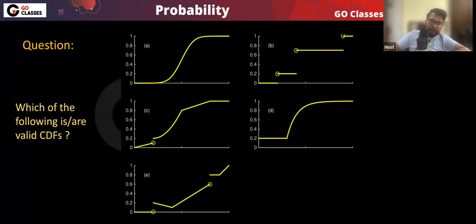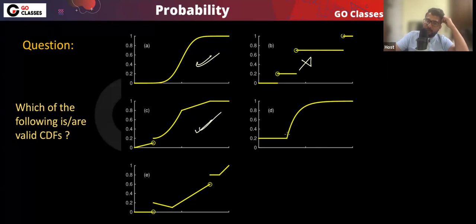Is A valid? I think it seems like a valid CDF. Is B valid? B is not valid because at the start it should be solid. So that's why it is not valid. What about C? I think at the start it is solid. I think this is valid, right?